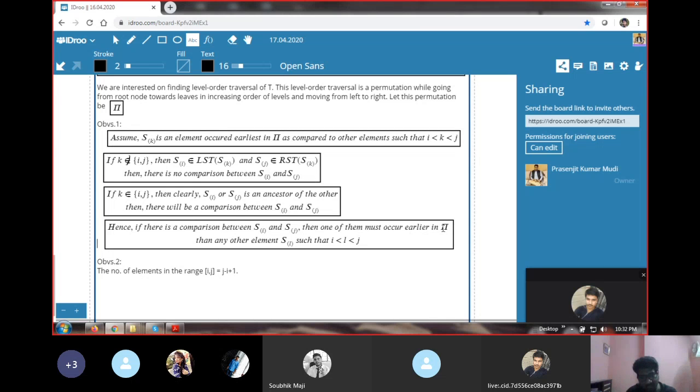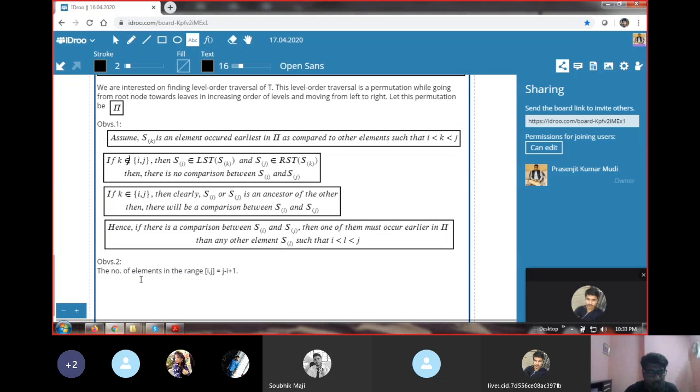So the number of ways in which si or sj will be occurring earlier in pi is 2. In 2 ways, right? That means those are the ways in which we may have a comparison between si and sj. So there will be a comparison between si and sj if si occurs earlier in pi or sj occurs earlier in pi. So in two ways we can have a comparison between si and sj, and that has been understood with the concept of permutation pi, right? Fine.